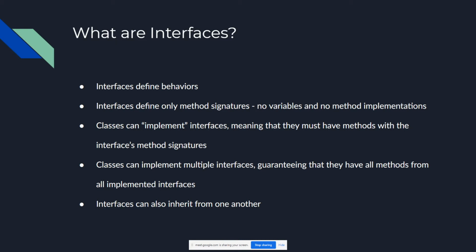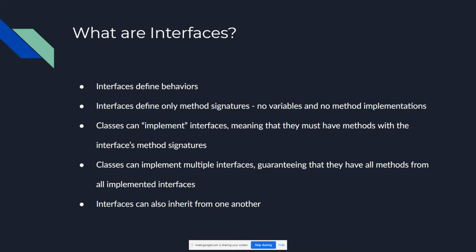So let's say I have an interface called addable. It is capable of adding. I'm defining the behavior of adding things. If I have an addable interface, I can say the interface has a method called add. It outputs an integer, and it takes in 2 integers as input.